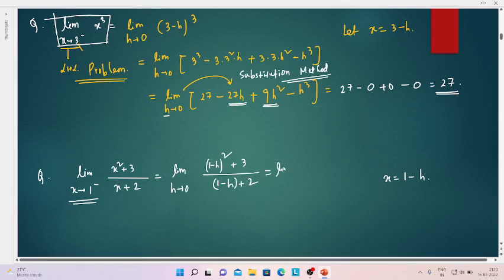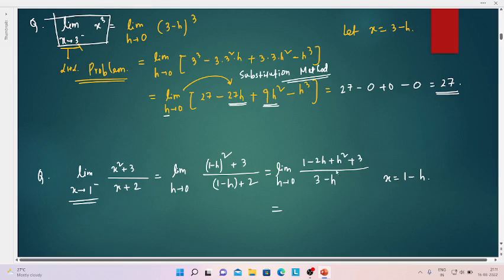So that will become limit h tending to 0, (1 minus h) whole square will become 1 minus 2h plus h square plus 3, and the denominator will become 1 minus h plus 2, I mean 3 minus h, right?